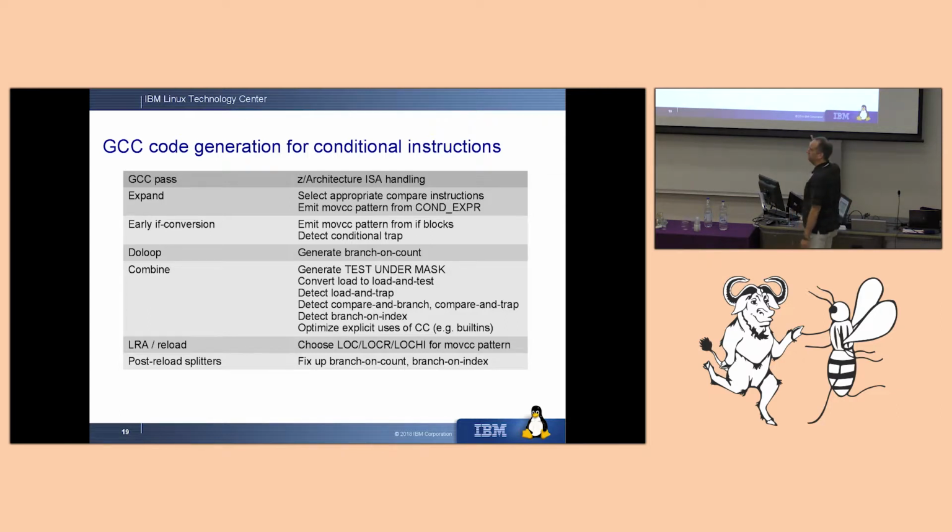No, of course you can't do that with CC0. We need different CC modes to tell which, because depending on which compare you use, you need to use a different branch, and you need to have the CC mode that tells you. So how many modes? 20, 30, something like that. I have to check a lot.